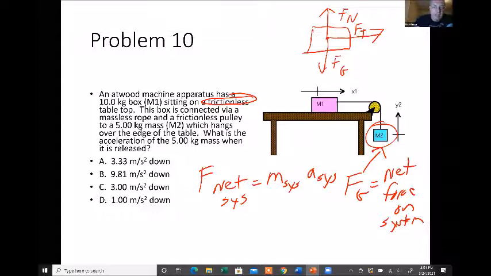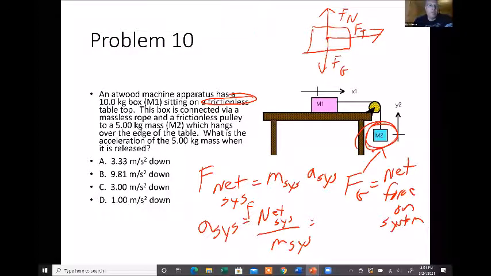I'm going to rearrange this for acceleration. Acceleration of the system is equal to the net force of the system divided by the mass of the system. Again, the net force on the system is the weight of box M2, which is 5 times gravity, so 50. We divide that by the mass of the whole system: 10 kilograms for this mass, 5 for this one, so 15 kilograms.